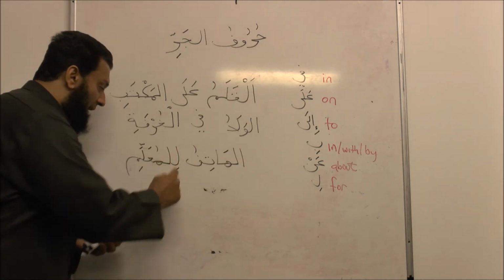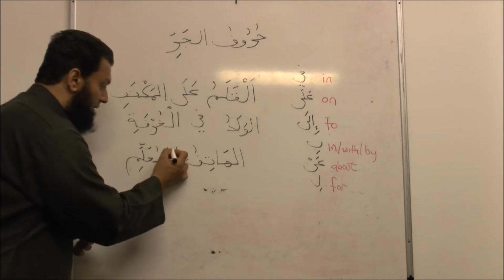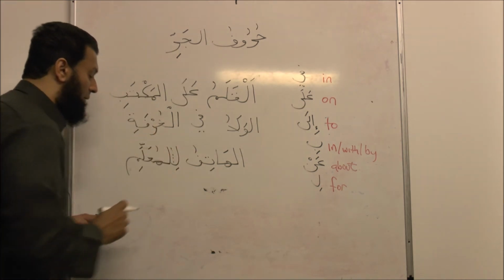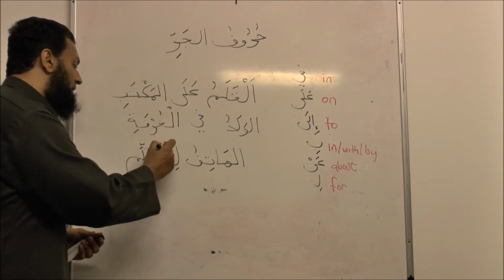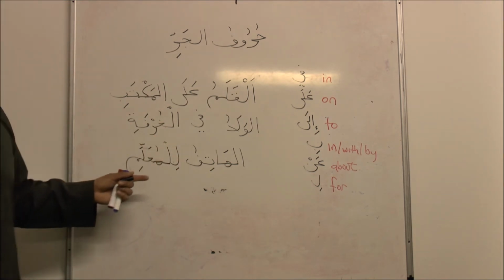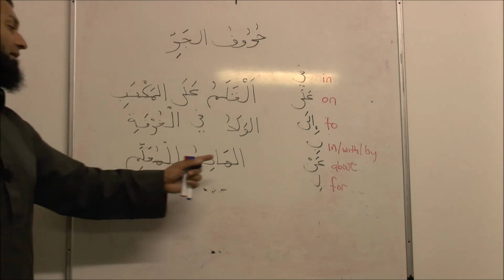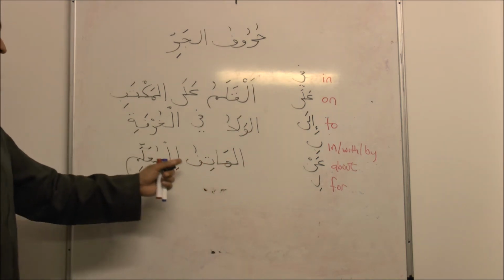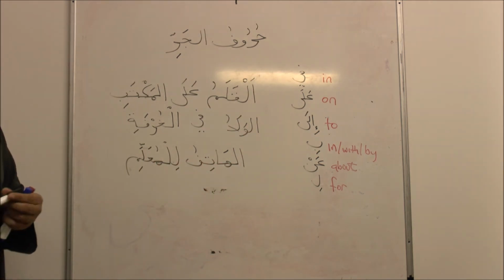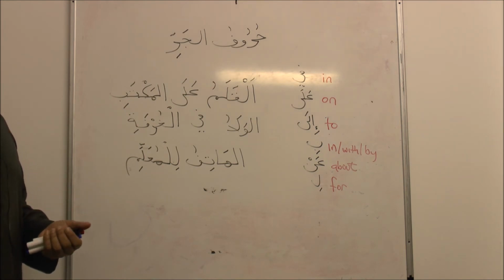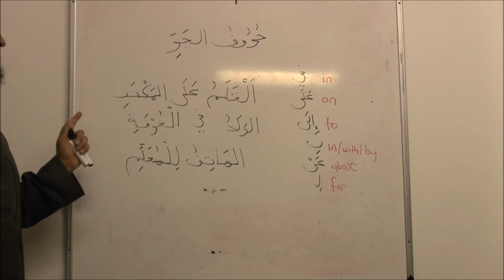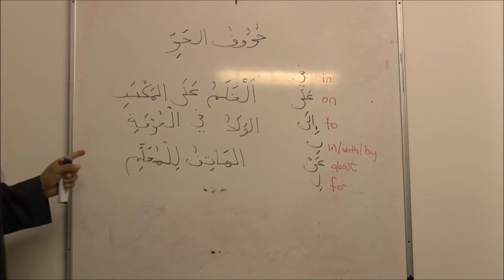We drop the alif here because it's not pronounced. So it becomes lil muallimi, and that's muallimi because of the li, the harfu jar. Is that clear? That should be straightforward, inshallah.